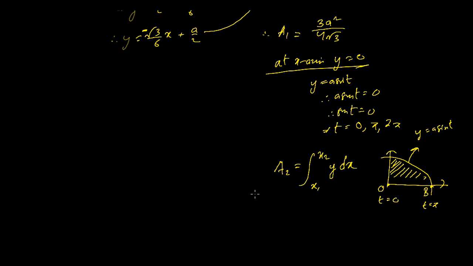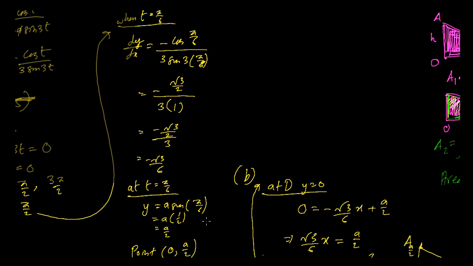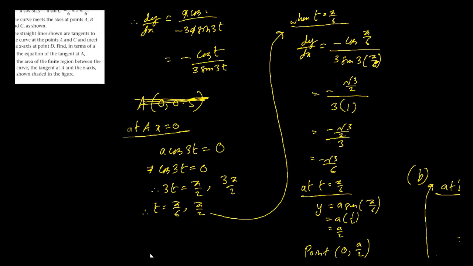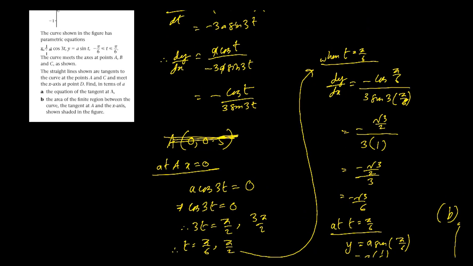So the first thing we can do is the limit substitution. We know t equals 0 and t equals pi. So the limit has been done. Now we have to substitute dx. The first thing we have here, x equals a cos 3t.